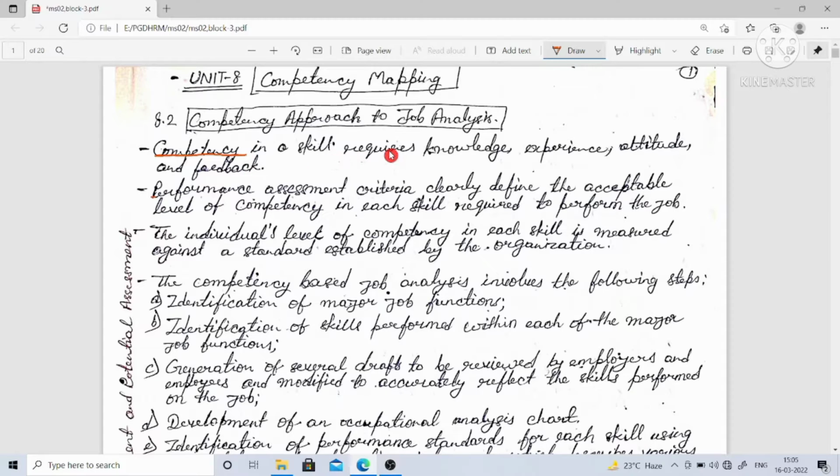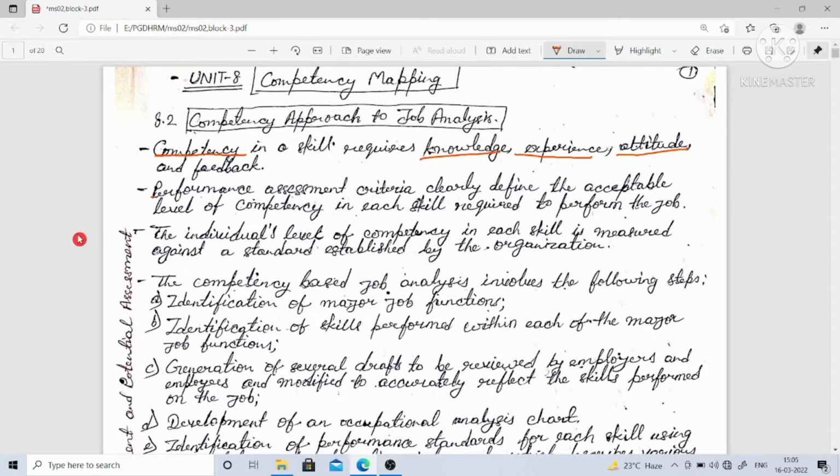Competency in a skill requires knowledge, experience, attitude and feedback. So competency in a particular skill requires knowledge about that skill, experience in that skill, and the attitude of the person towards that skill, and feedback also.